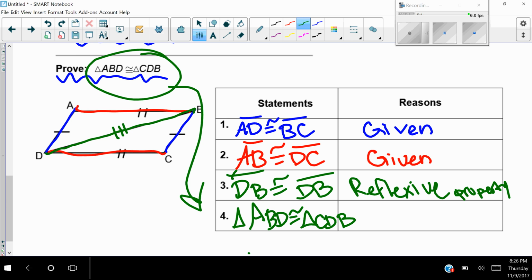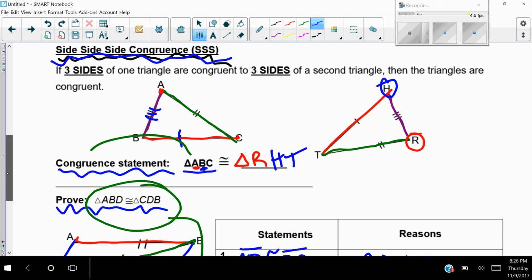And the reason I know that they're congruent is because we've just proven that all three, 1, 2, 3 sides are congruent. So this is called the side, side, side congruence.